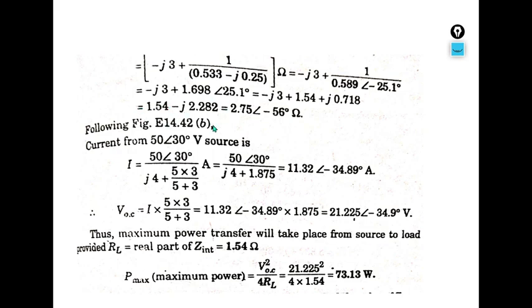So in ZTH, the real part is 1.54, because there is no drop we can get from the inductor and capacitor, whatever amount they can store. In an AC circuit, when the sinusoidal wave is positive, it can store the energy.